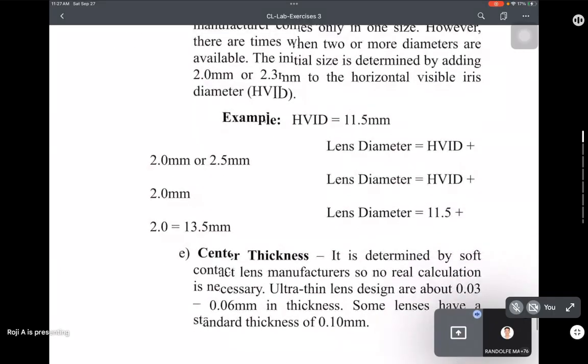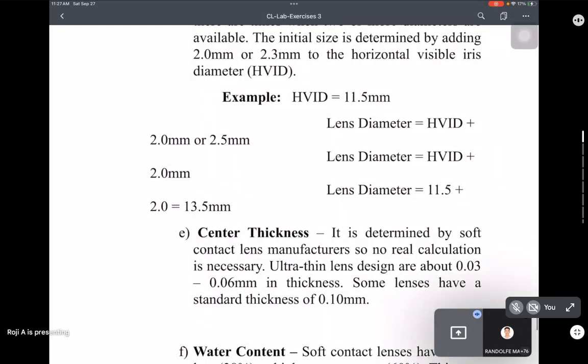Okay. So again, this is your HVID, meaning HVID plus 2 to 2.5 would be for soft contact lens. So in our example here, if I have an HVID of 11.5 plus 2, how much would that be?